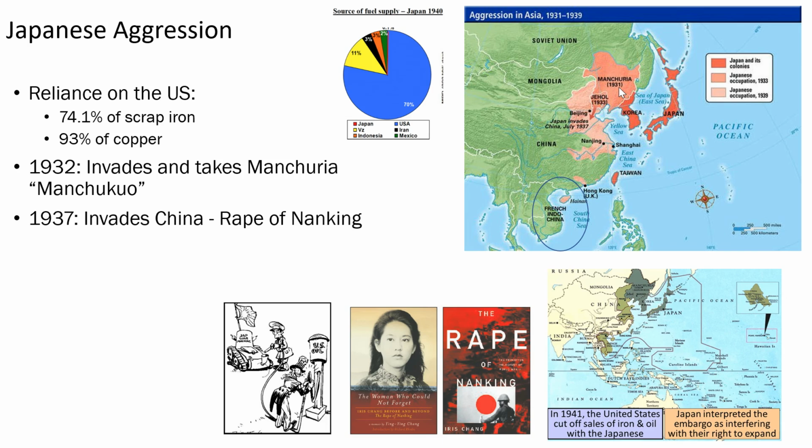And in this invasion of China, they take a city called Nanking, what they called the Rape of Nanking, kind of like the Rape of Belgium in World War I when Germany invaded France through Belgium. The invasion and taking of that city wasn't just a military overthrow; it became very well known that the Japanese soldiers went in and were very, very brutal to the citizens and the people living in Nanking.